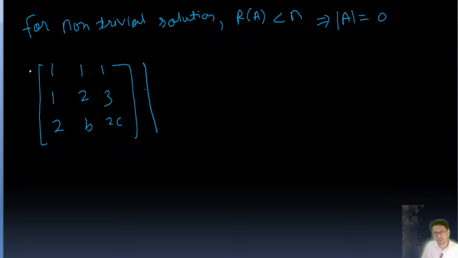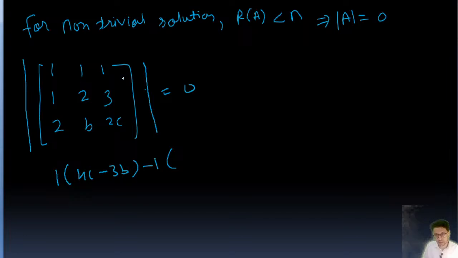So this determinant is going to be 0. We'll solve it now. It is going to be 1 times (4c minus 3b), minus 1 times (2c minus 6), plus 1 times (b minus 4), equal to 0.